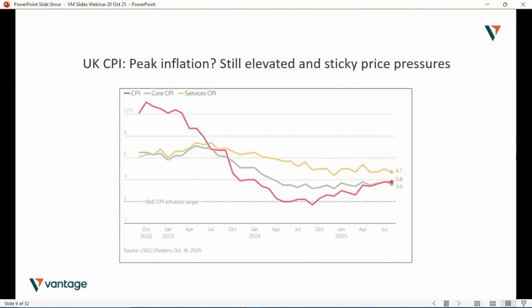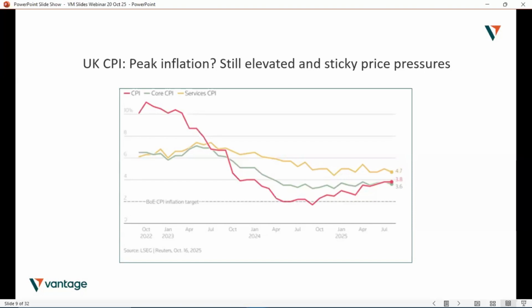Key services, though, economists expect that to pick up to 5% this time around. But there are questions then, well, how long will we linger around this 4% mark? Probably well into next year, most economists think, although this is probably around the peak level for headline CPI. That is double, remember, the Bank of England's 2% target.